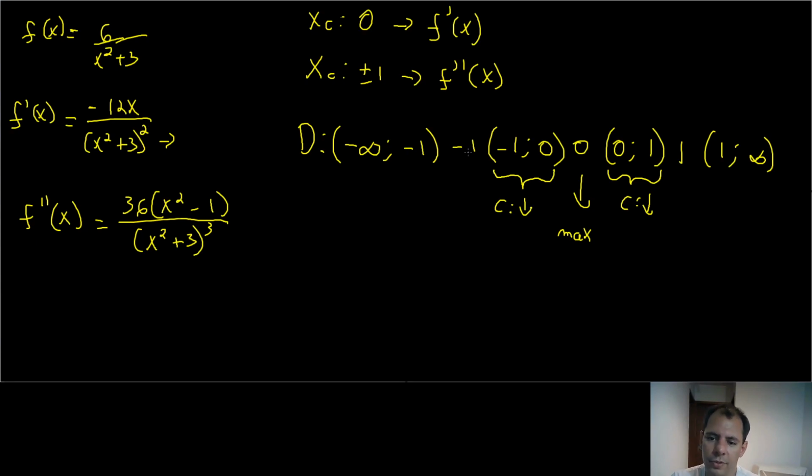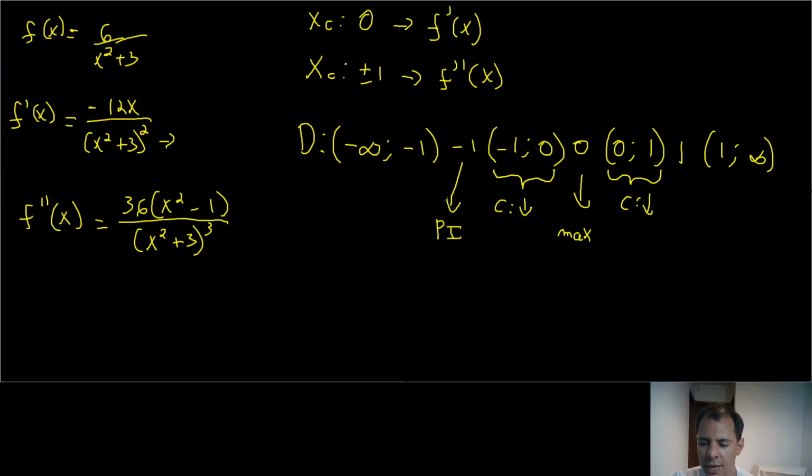-1 is a point of inflection. At -1, the tangent is not going to be 0, because the only place that the first derivative is 0 is at 0. So -1 doesn't have the first derivative as 0 and has the second derivative as 0. So this becomes a point of inflection.